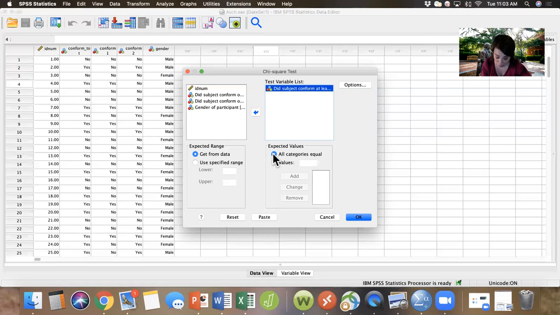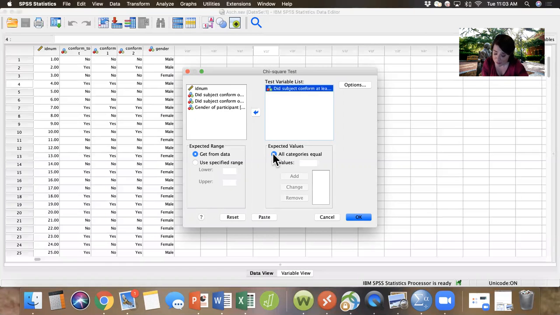For those examples, the hypothesis was that the percentage would be equal across all levels of the category. But in this case, we have a slightly different null hypothesis. The null hypothesis is that the frequencies in our sample are identical to those in the population, and the population in this example is Asch's original 1955 conformity study.